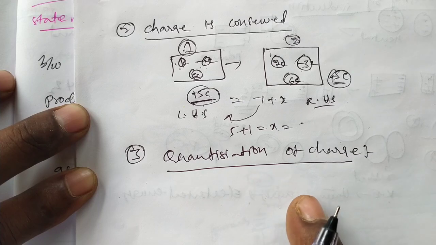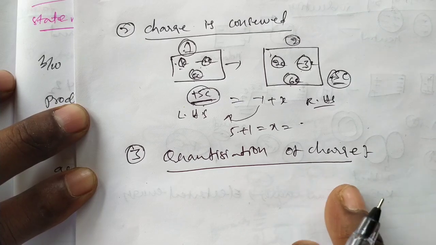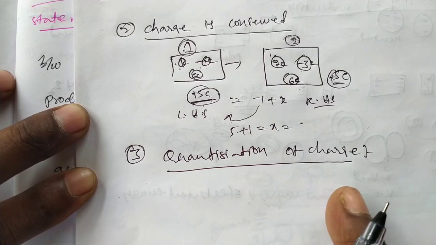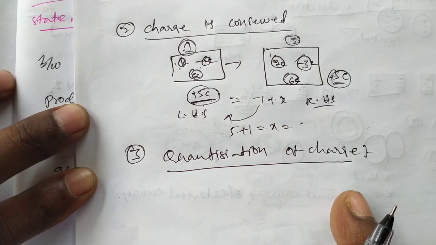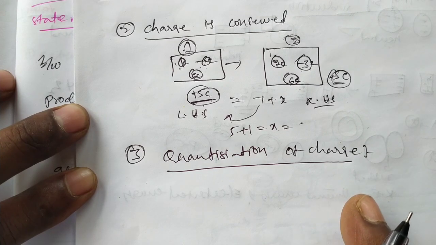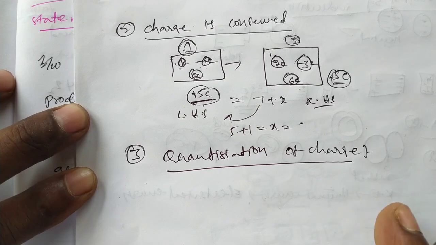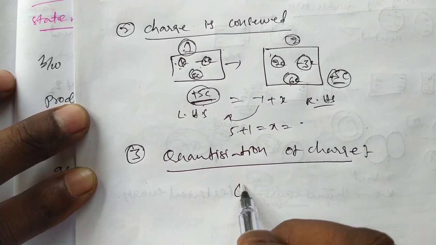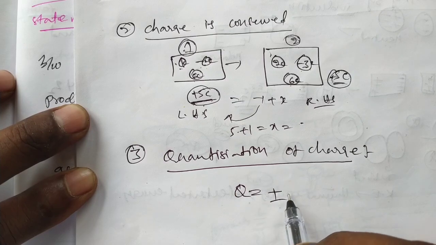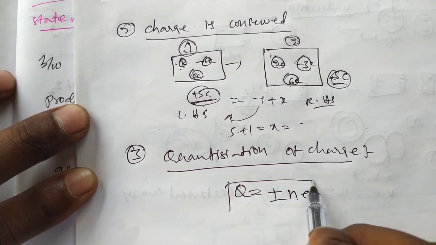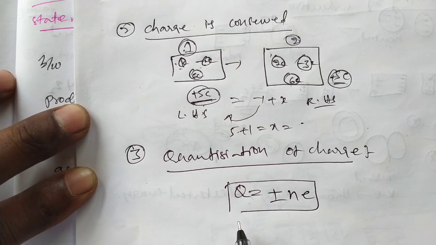Charge has quantization, such as 2 coulombs, 3 coulombs, 4 coulombs, like 1 soap, 2 soaps, 3 soaps. This quantization is Q equals plus or minus Ne, where Q is the total charge on a body.